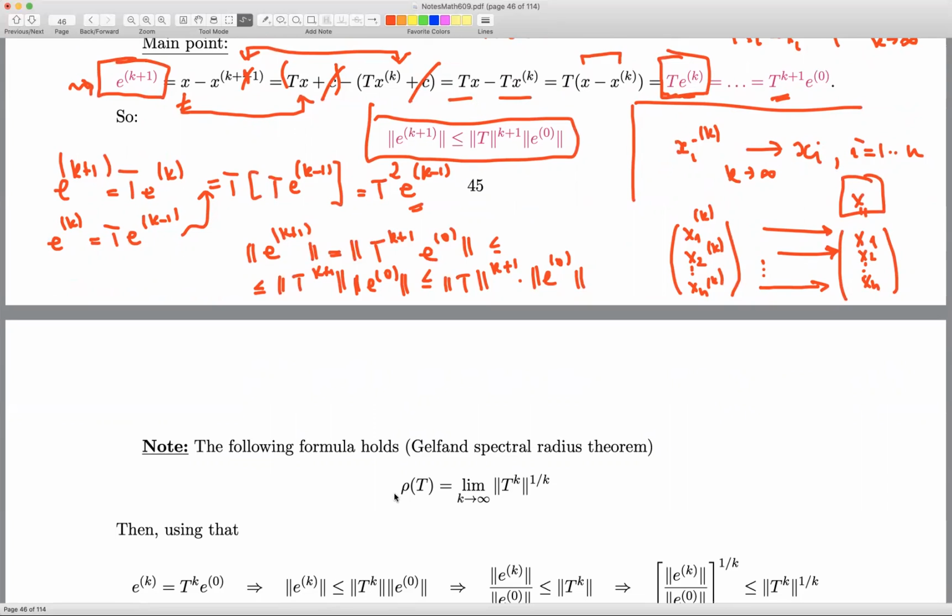In order to do that, we will use this formula, which is called the Gelfand spectral radius theorem, and we are not going to discuss it.